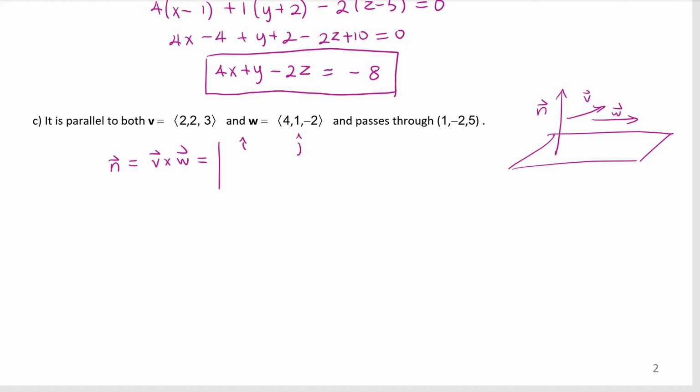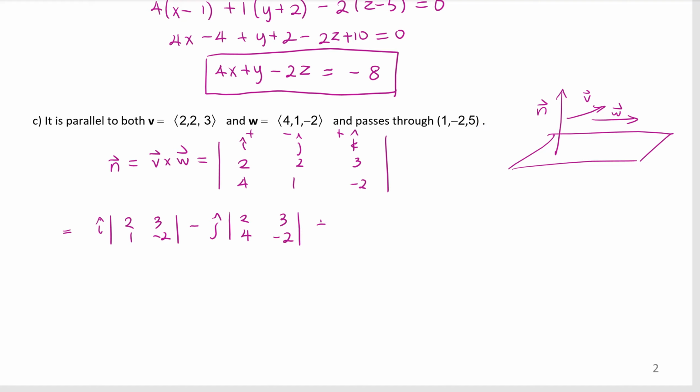Well, i, j, k, and we have 2, 2, 3, 4, 1, minus 2. And for the i, we have 2, 1, 3, minus 2. So plus, minus, minus j. And then we have 2, 4, 3, minus 2.